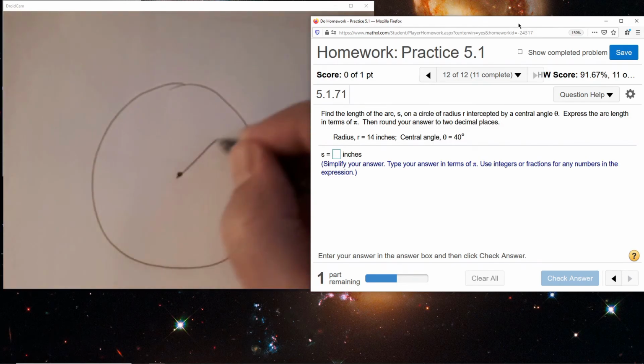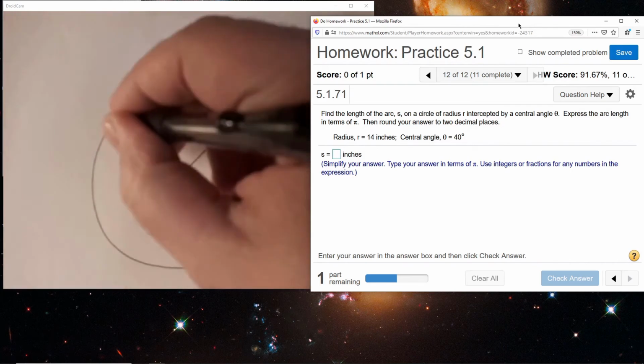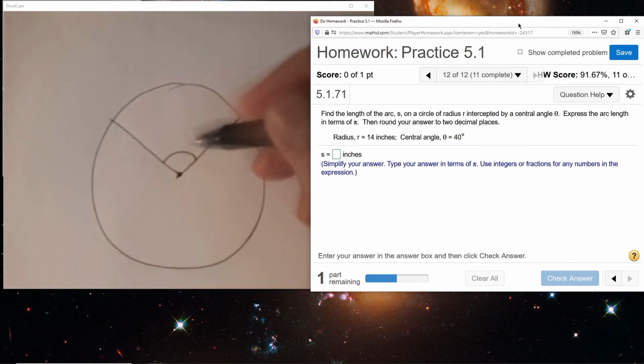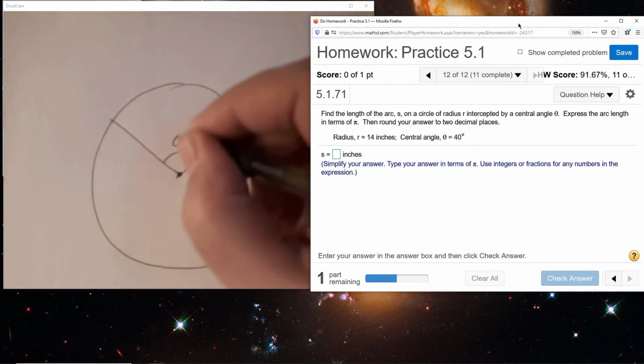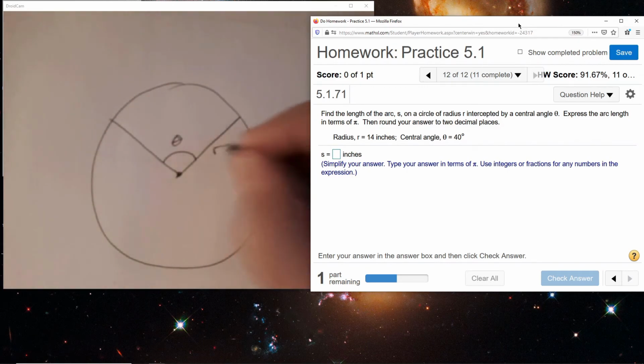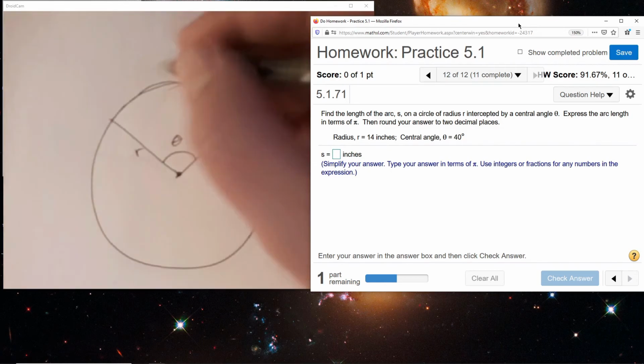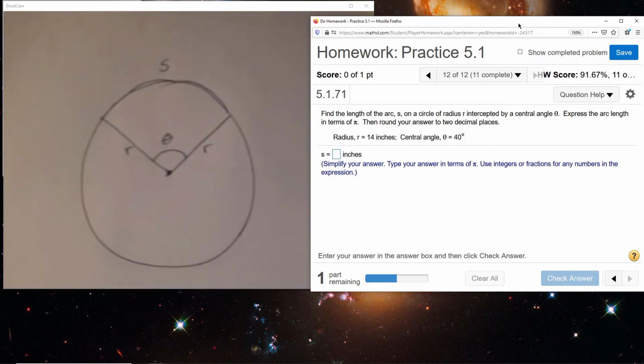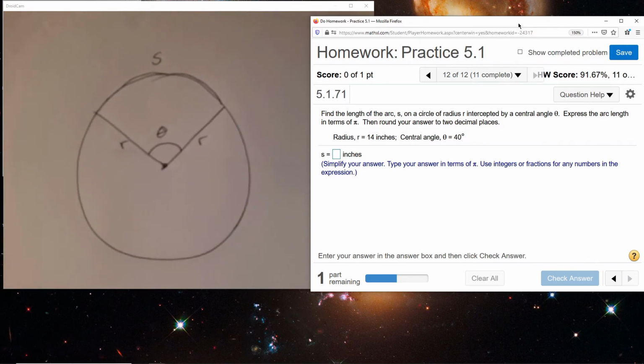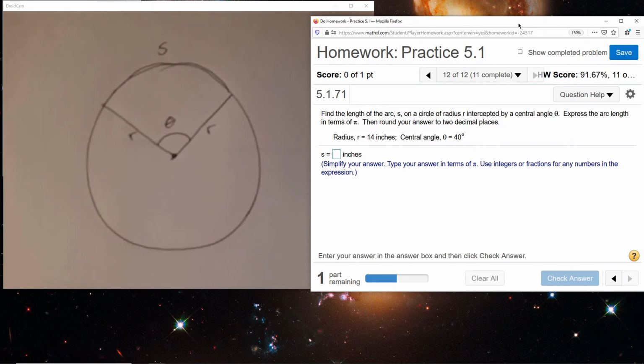There's some central angle. So that's what this is right here. This is the central angle. And here's the radius. And then this distance here, the arc length, is S. So that's what all that wording means there. And they want us to figure out S.